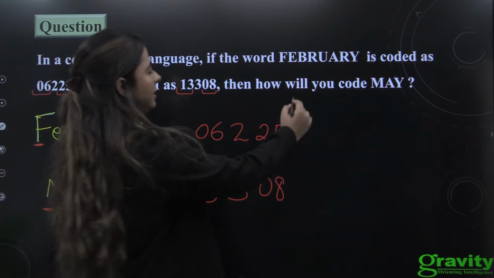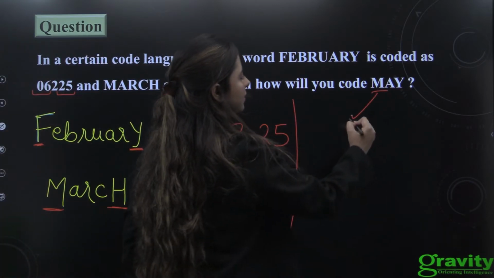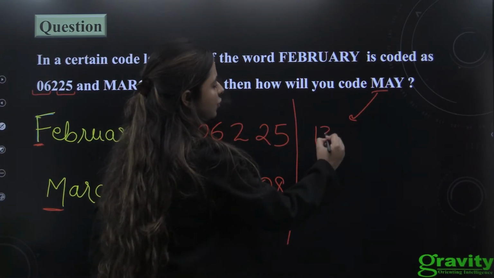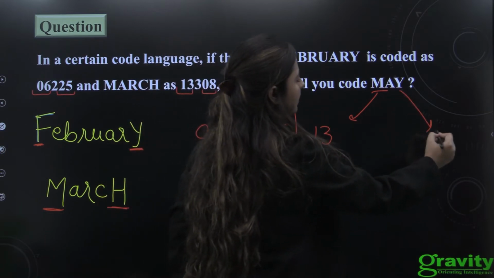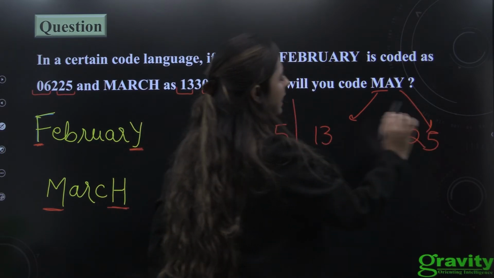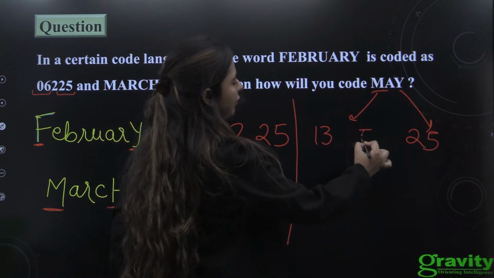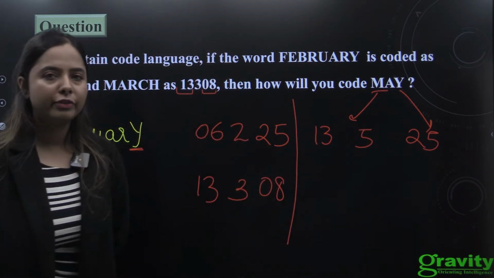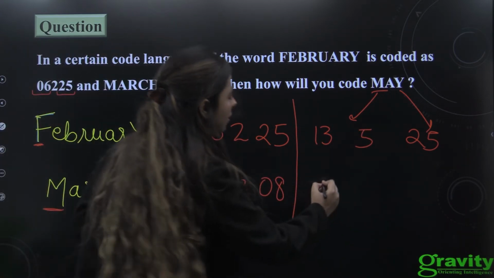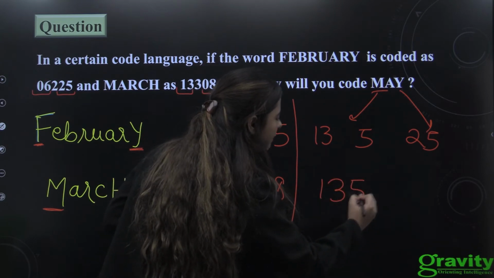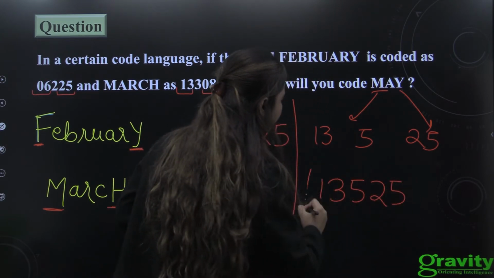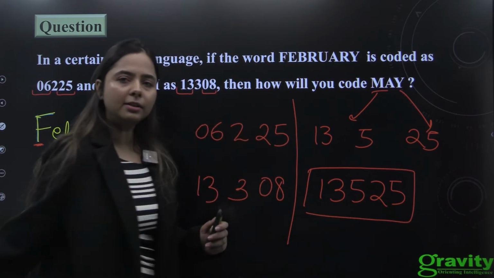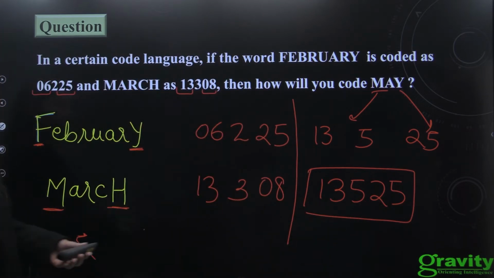So similarly, M 13th position again, Y 25 again, and May is the fifth month. So 1, 3, 5, 2, 5 is the answer. Clear? Moving on.